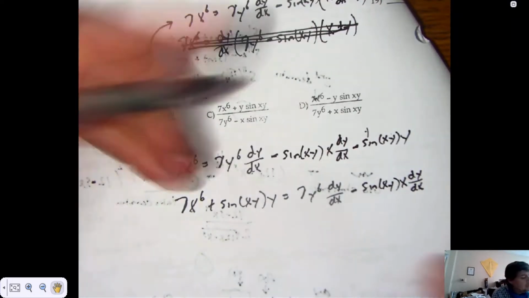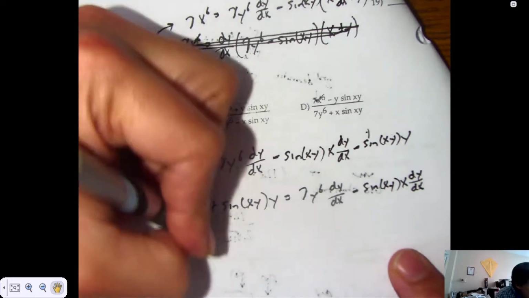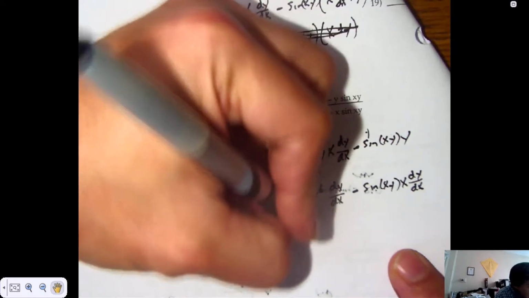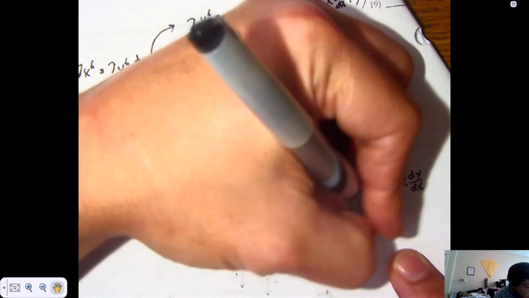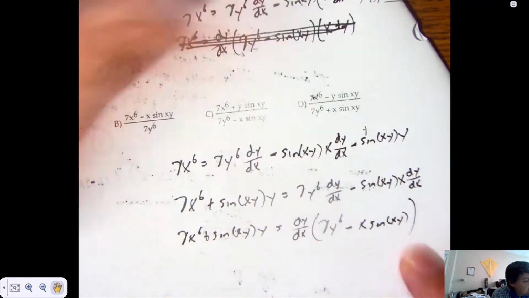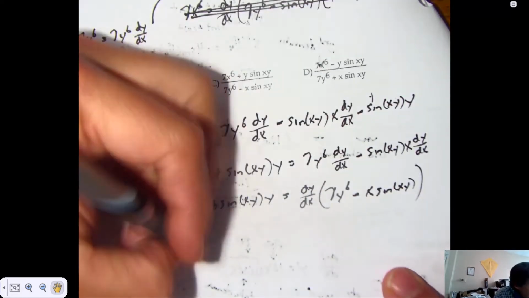Now here's where I can pull. 7x to the 6th plus sine xy y equals dy dx, parentheses, 7y to the 6th remains, minus x sine of xy. I just relocated the x because it belongs there. It just sounds better. And then I do my division step and I'll have this thing.